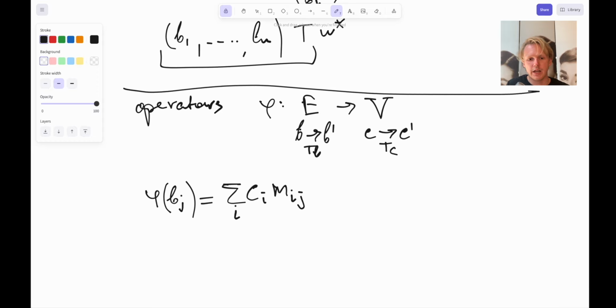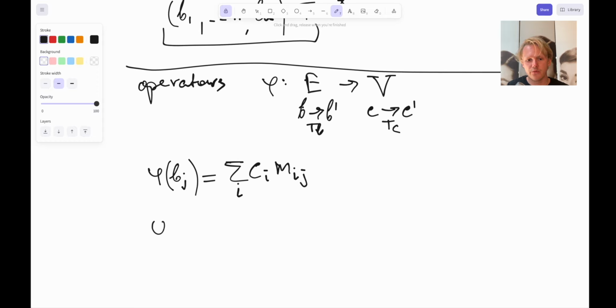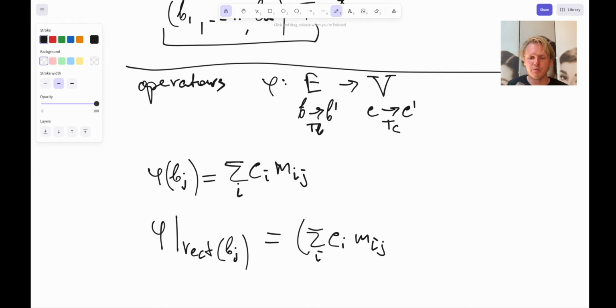That means that if we take a restriction of phi on the vector space generated by this basis element, what we have is this thing multiplied by anything that comes out of the dual element of J, right?